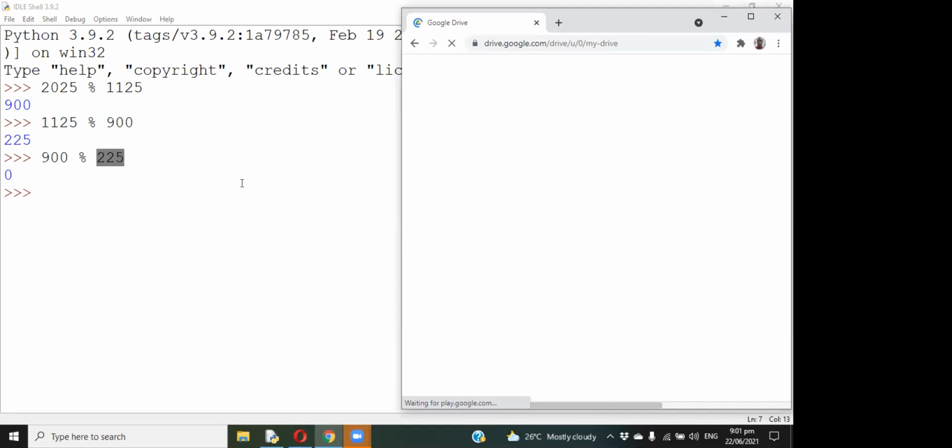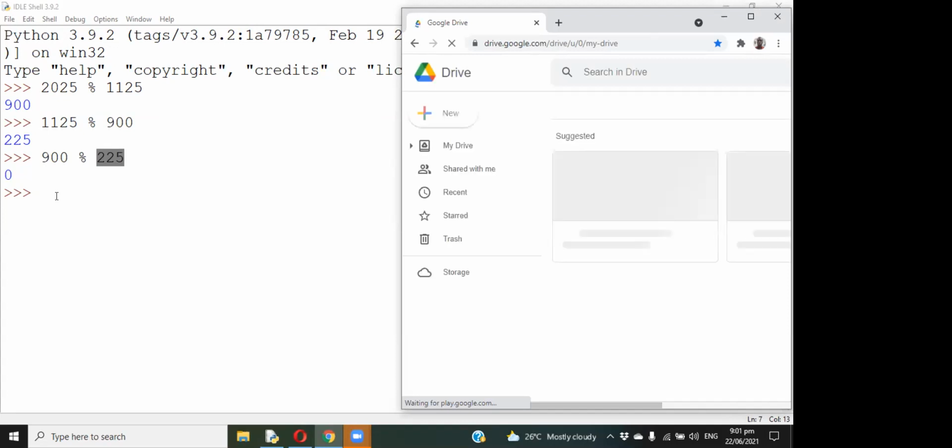So when you say 2025 modulus 1125, what computation just went on there to get 900? Was it like division? No, remainder division. Please explain it. I can't picture it in my head.